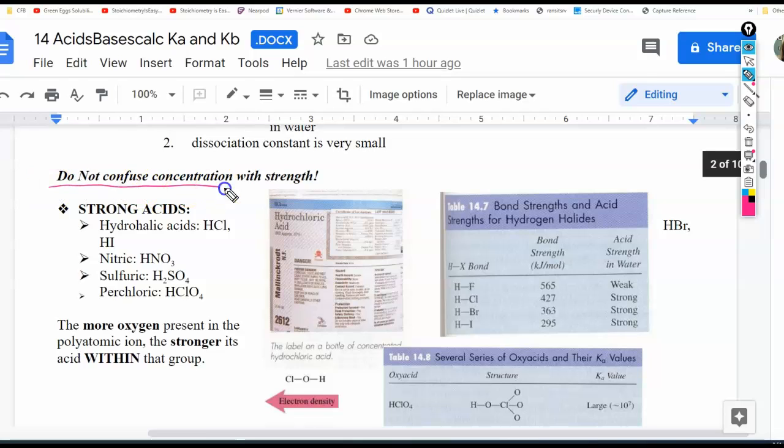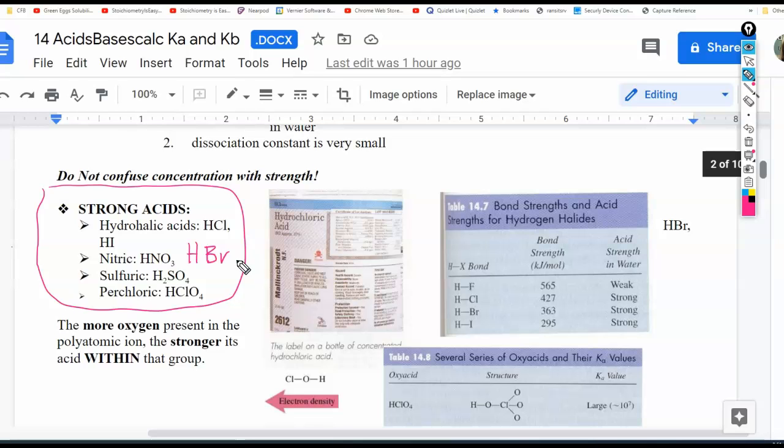Strong acids included in this list: HCl, HI, HNO3, H2SO4, and HClO4. There is one missing. We should also include HBr in the list of strong acids. Everything else is considered a weak acid.